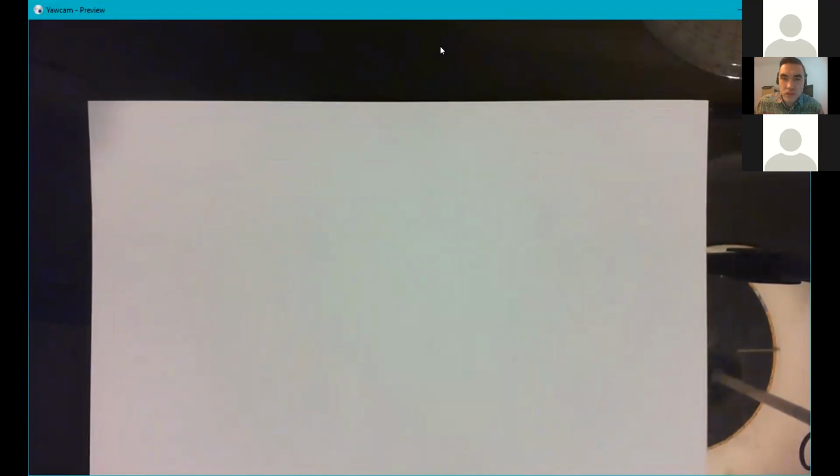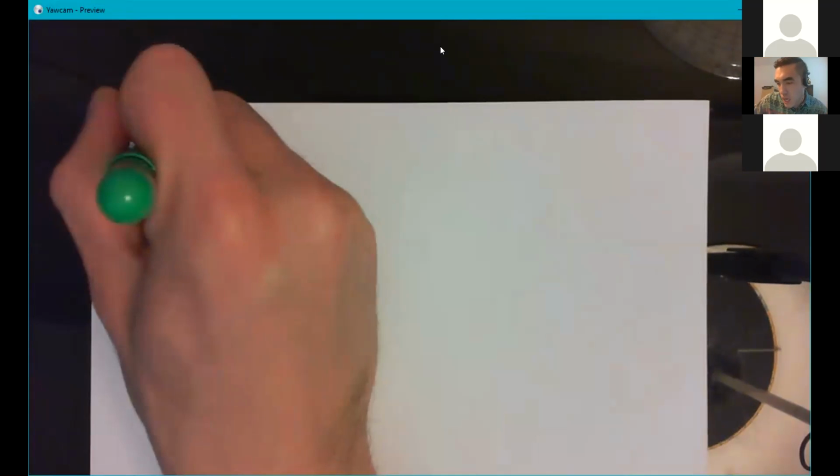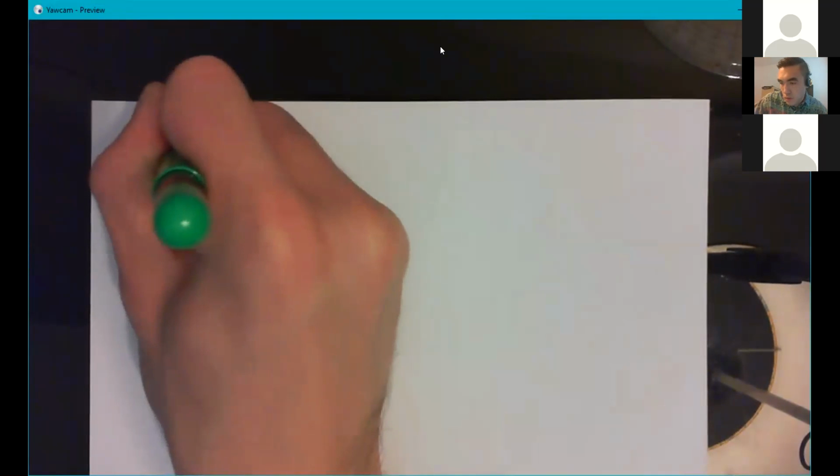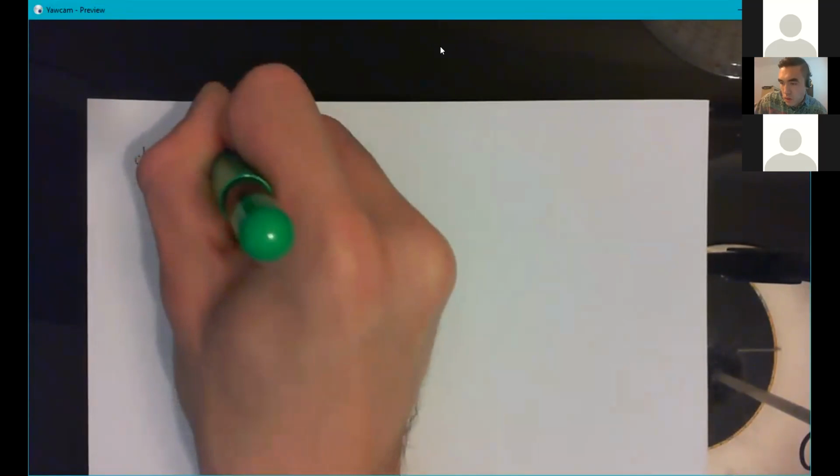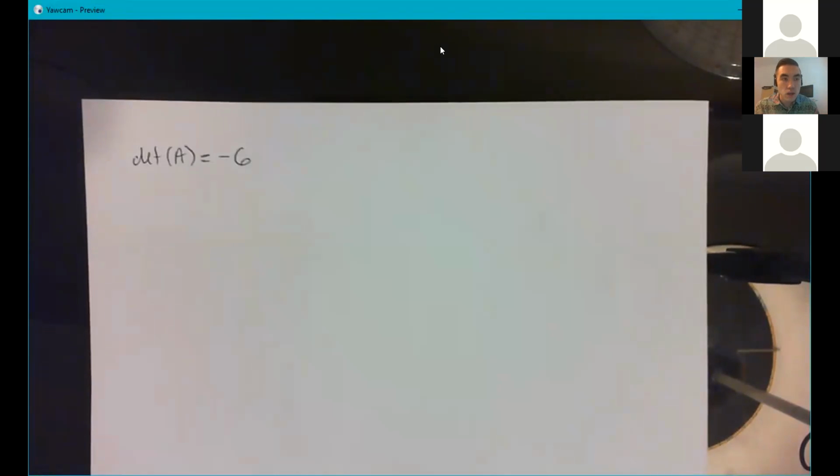There are a few properties that we can be aware of, and I wrote the test. There's not a question like this on there, but it's still good to know. If the determinant of matrix A is equal to -6, then here are the transformations that will be caused by those movements.